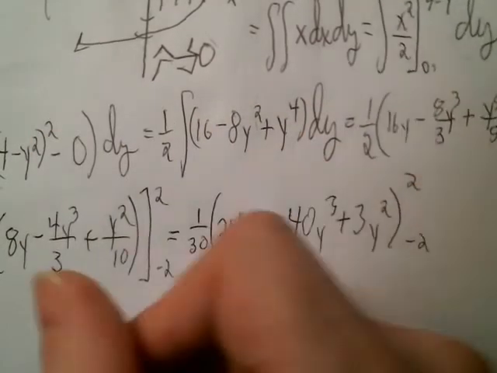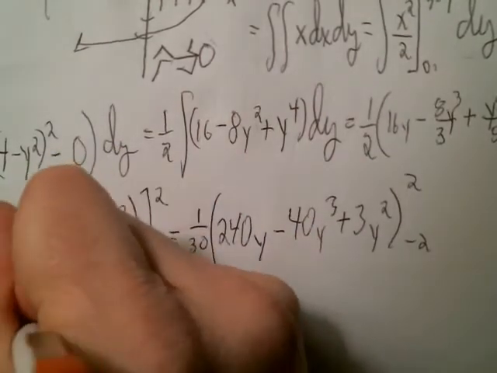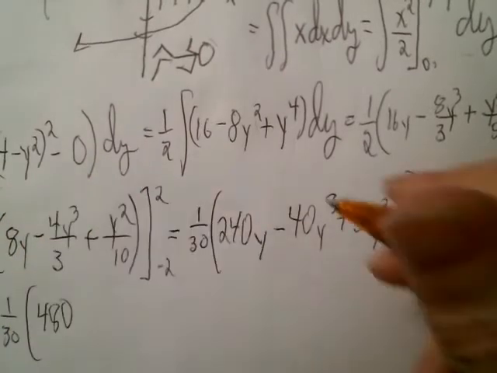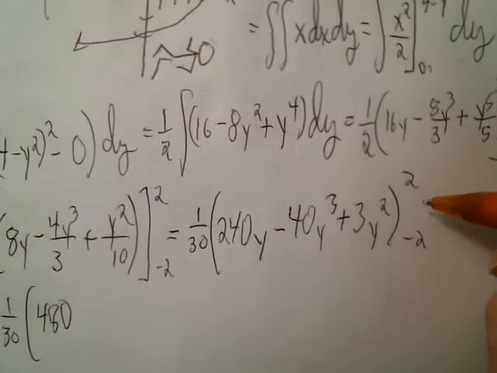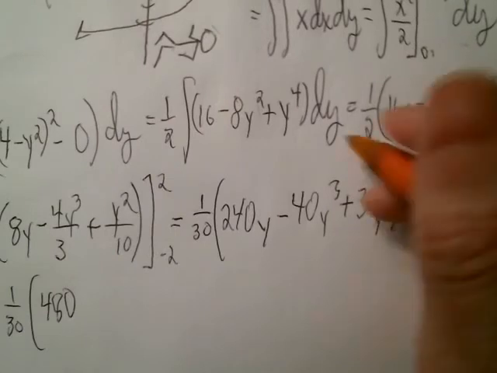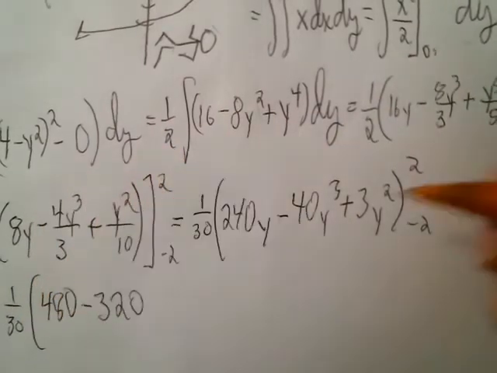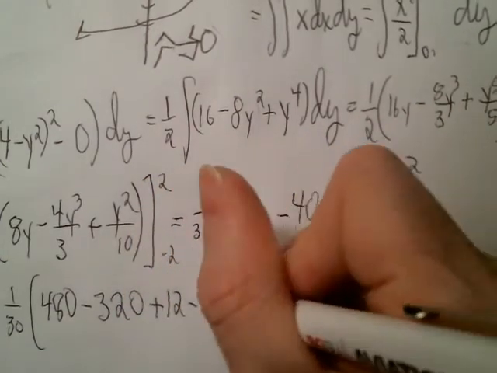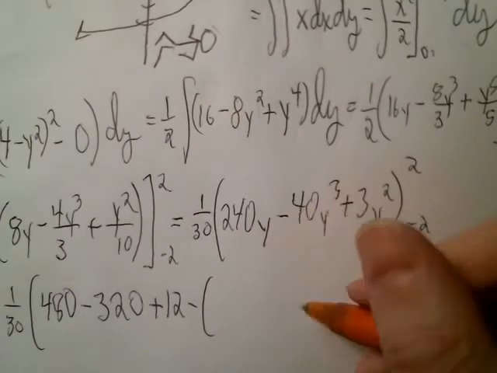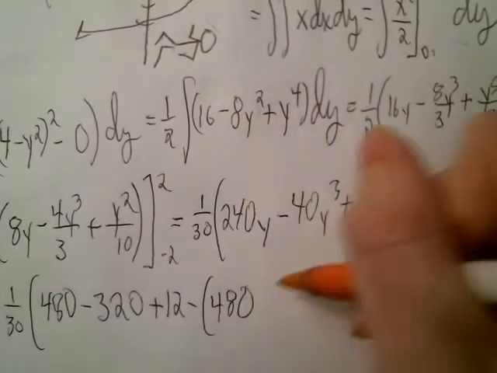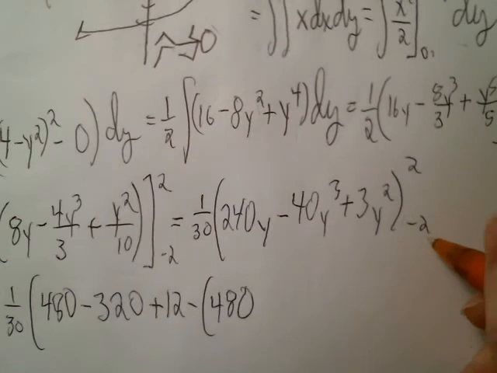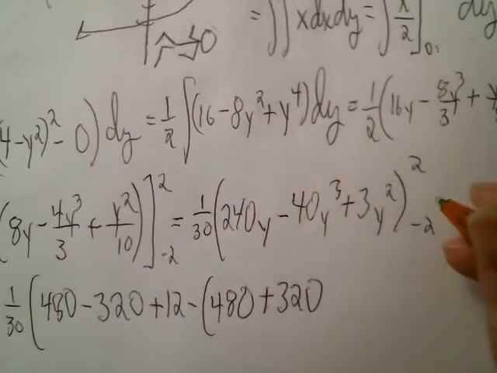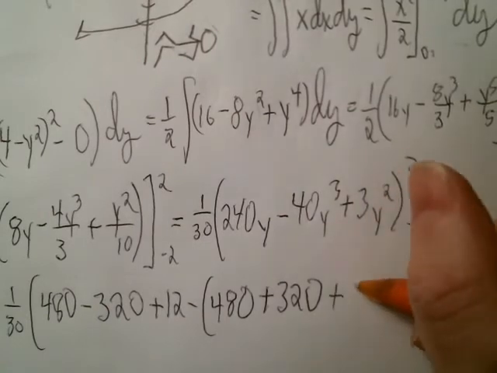So 240 times 2 is 480, minus 40 times 8, so that's going to give me 320, plus 3 times 4, which is 12, and then minus -2 times 240 is another 480, and then -8 times -40 is plus 320, and then plus another 12.